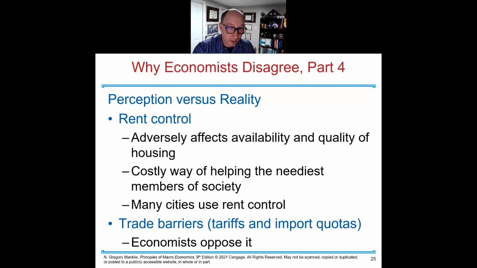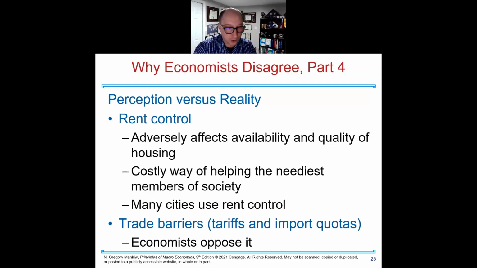Other economists disagree on things like trade barriers. Some oppose it or some are for it. A trade barrier is a tariff or an import quota. A tariff is a tax on goods that are imported into the country. An import quota is a limit on the amount of goods that can be imported into the country. Here's an example.